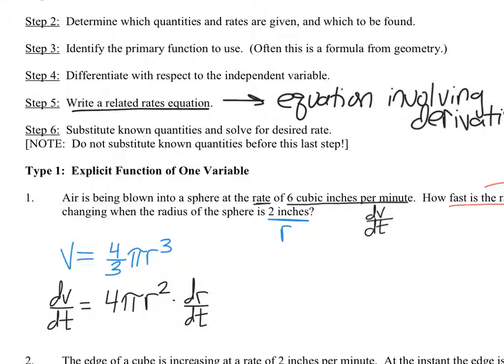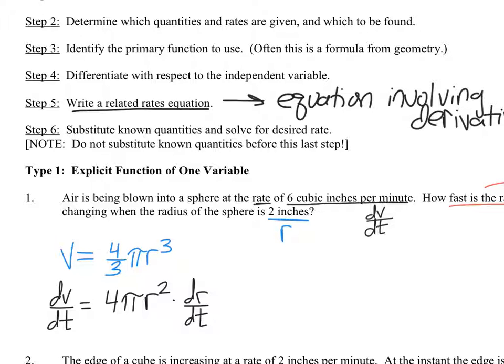If you just imagine that r is some function of time, because it is, we don't know what the relationship is. We know that at a particular moment, r is going to be equal to 2, and it is changing at a particular rate, but I don't know what that function is. If we collected data, we could figure it out. You know, stop the clock after 1 second, 2 seconds, collect the radii, 5 seconds, 10 seconds, whatever, and then pop it in the calculator, do a regression, come up with a function. We would have an r equation in terms of time, right?